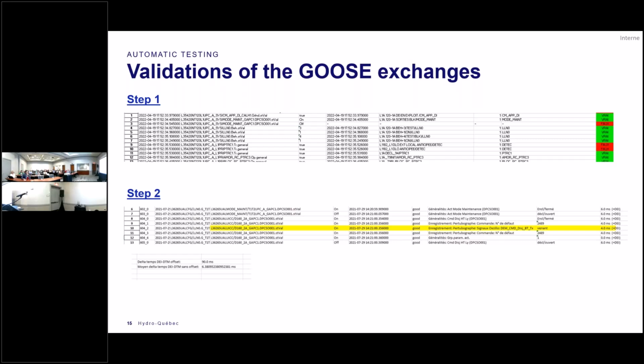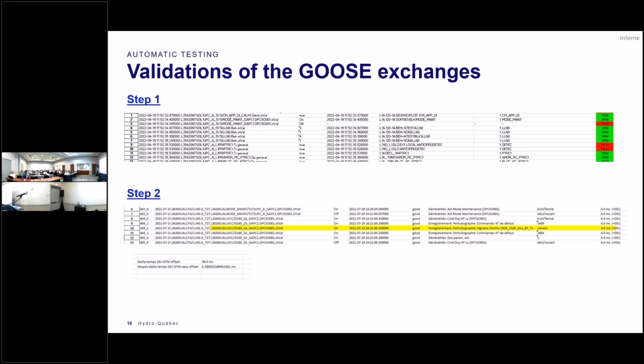So we had some different results that were easy to read in order to speed up the validation instead of simulating the Goose one by one and looking at the results. This was done all automatically for the Goose exchange.